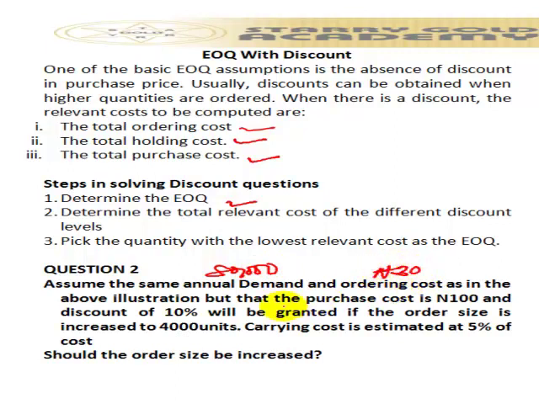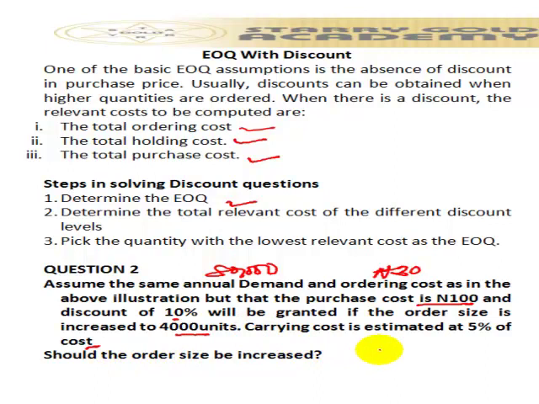But the purchase cost in this case is 100, and a discount of 10% will be granted if the order size is increased to 4,000 units. The carrying cost is estimated at 5% of cost. Should the order size be increased?